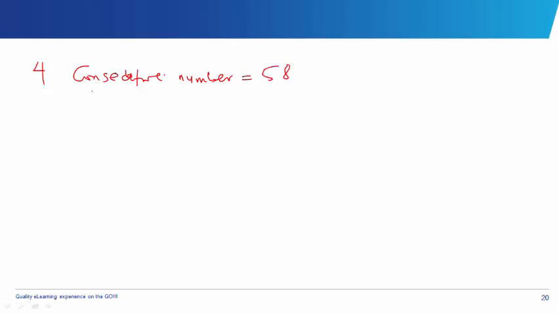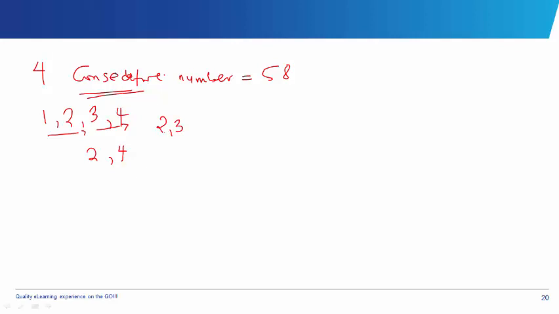The first thing I'm going to explain is the meaning of consecutive. Consecutive means that the numbers follow each other, for example 1, 2, 3, 4, not something like 2, 4. 2, 4 is not consecutive. 2, 3 are 2 consecutive numbers.